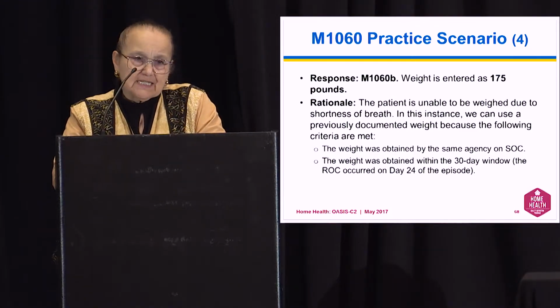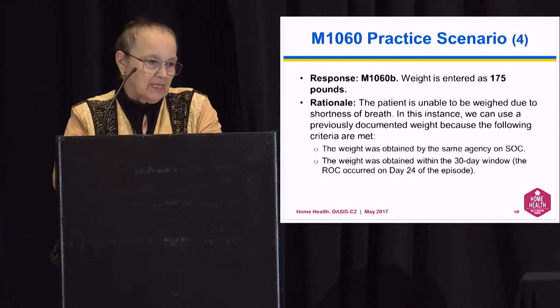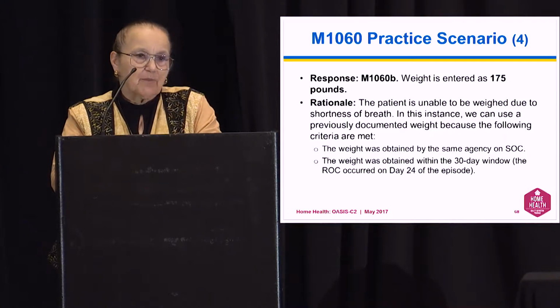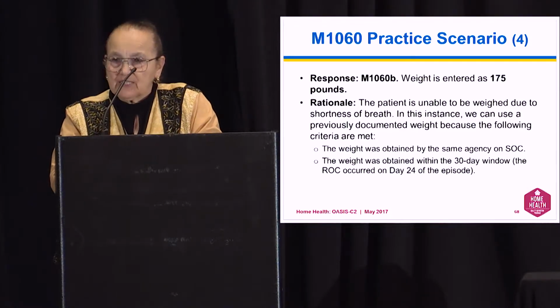In this instance, we can use a previously documented weight for the following reasons. The weight was obtained by the same agency on the start of care. The weight was obtained within the 30-day window because the resumption of care occurred on day 24.